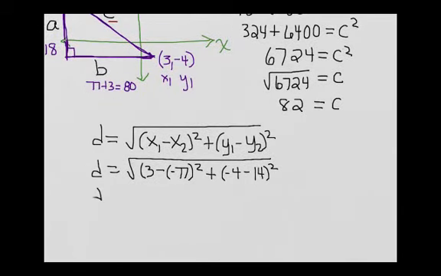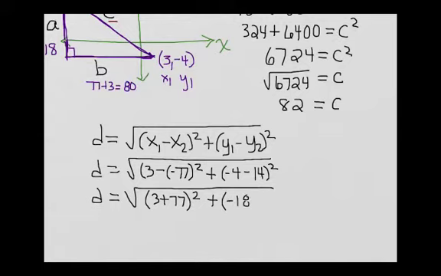And so we get that the distance is going to be equal to the square root of 3 plus 77 squared plus negative 18 squared. So what happened here? Well, when we subtract those two x-coordinates, x1 minus x2, we're getting the distance between those 2 points. And because x1 is bigger than x2, we do get a positive value.